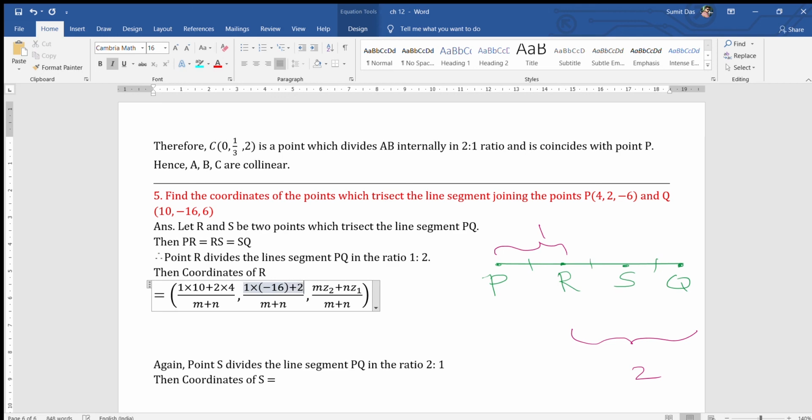Plus 2 into y1, y1 is 2, and m z2 is 6 plus 2 into z1, z1 is minus 6, and denominator will be obviously 1 plus 2.